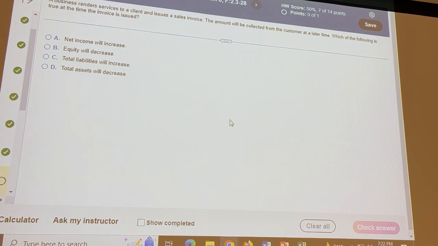Okay, a business renders services to a client and issues a sales invoice. The amount will be collected from the customer at a later time. Which of the following is true at the time the invoice is issued? Would it be the total liabilities increasing? I don't think so.